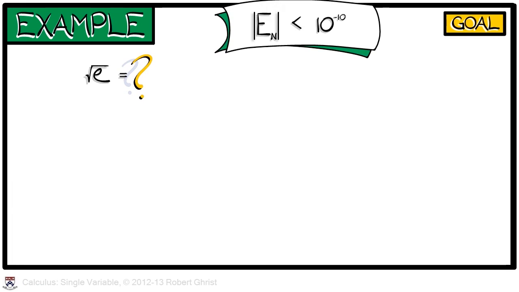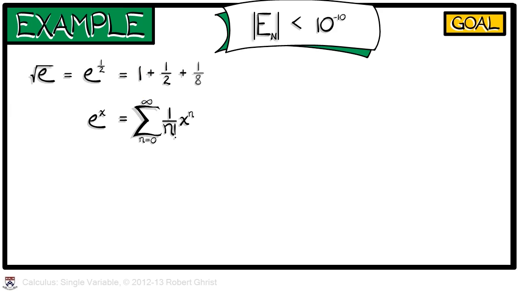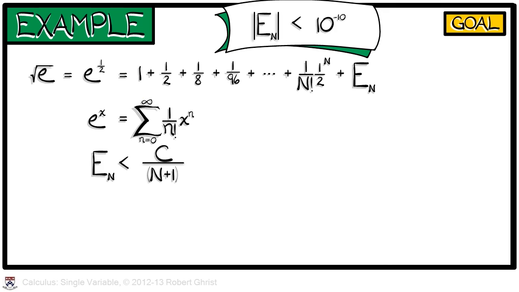Let's approximate the square root of e within 10 to the negative 10, using the familiar expansion for e to the x and evaluating at x equals 1/2. Then what do we get? We have some e sub n, where, by the Taylor theorem, e sub n is less than some constant c over n plus 1 factorial times x to the n plus 1, in this case, x equals 1/2.